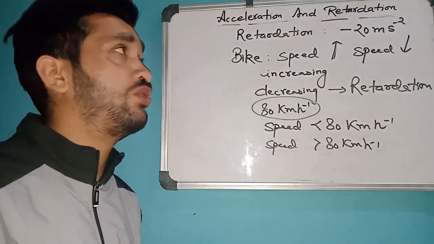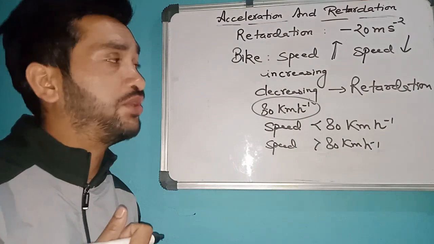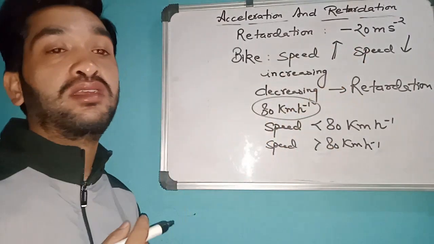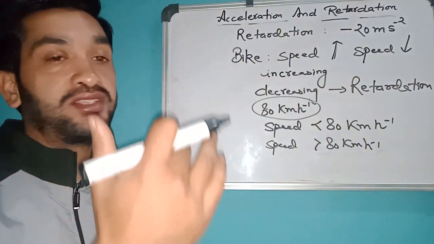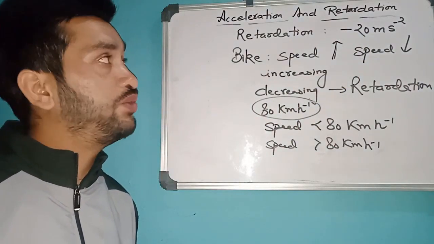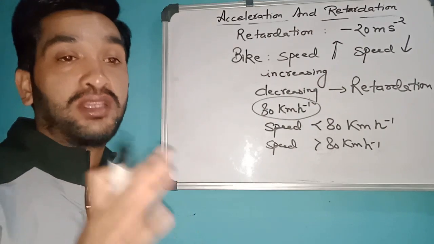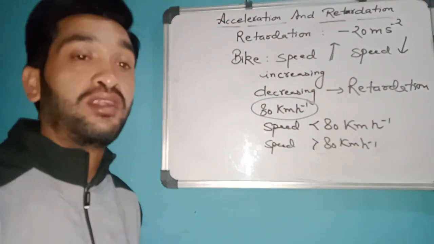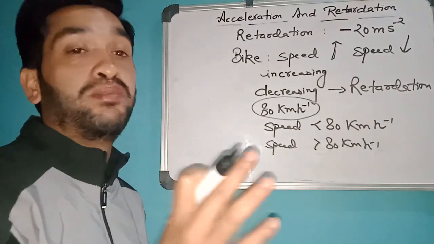That is why retardation is shown as negative. That is what I told you, that acceleration and retardation are the same thing. But theoretically we show it with a negative sign, and practically it means that the speed is decreasing. Speed is getting decreased. So when you are going to use retardation in your mathematical questions, the numericals that are in your book, there for retardation we won't use a simple number.